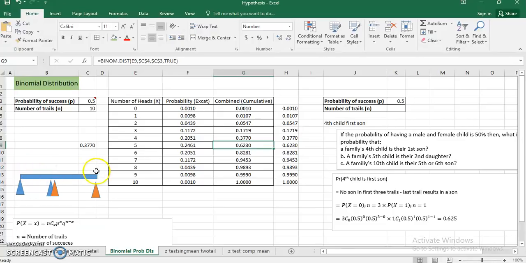The total of the probability remains 1. So out of the total 1, I subtract 0 to 5, and it gives me 6 to 10. That's how the probability of at least 6 heads can be calculated. In this way, any of these particular things can be calculated.